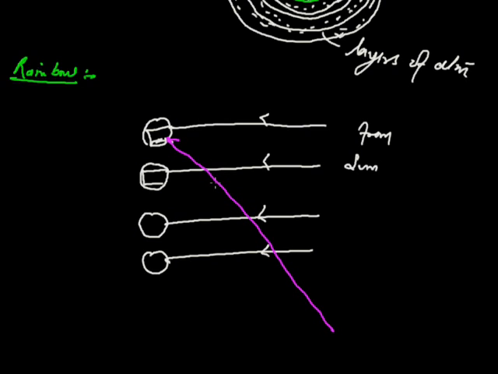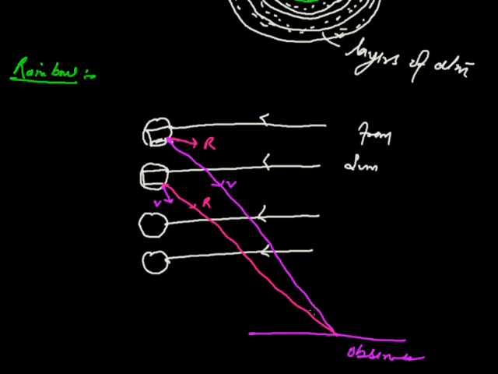This one is violet color. The red color will be here. The same in the other drop. Here is the observer. This angle is 53 degrees. This angle is 50 degrees.